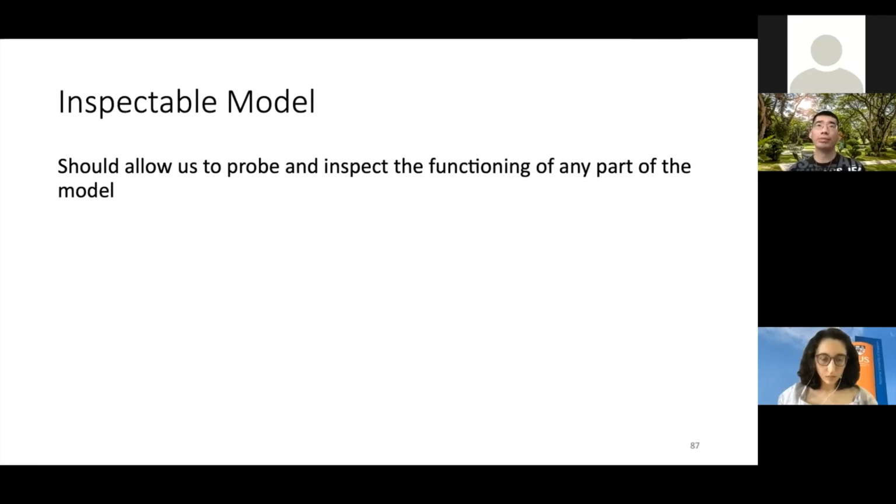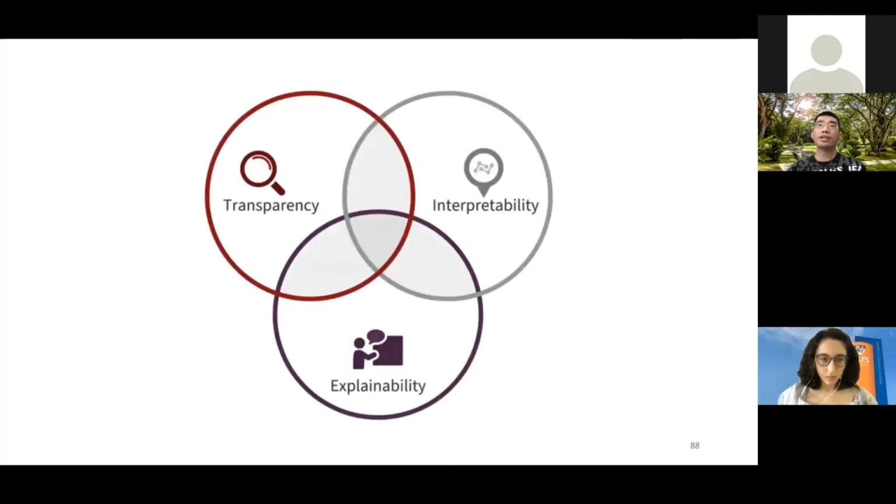And a model that is inspectable should allow us to probe and inspect the functioning of any part of the model, okay? The terms are often used in overlapping and overloaded ways, and many people use them more generally to get at the overarching idea of model interpretability. In other words, they are all to get at the notion of opening up the black box of complex models, such as deep neural networks.